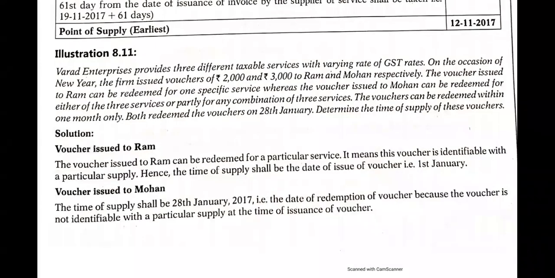Okay, next problem: Varda Enterprises provides 3 different taxable services with varying rates of GST. On the occasion of New Year, the firm issued vouchers of rupees 2000 and 3000 to Ram and Mohan respectively. Right?